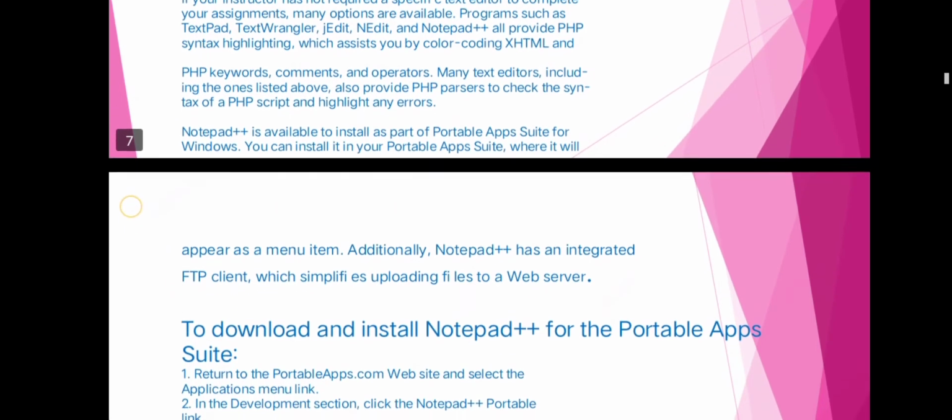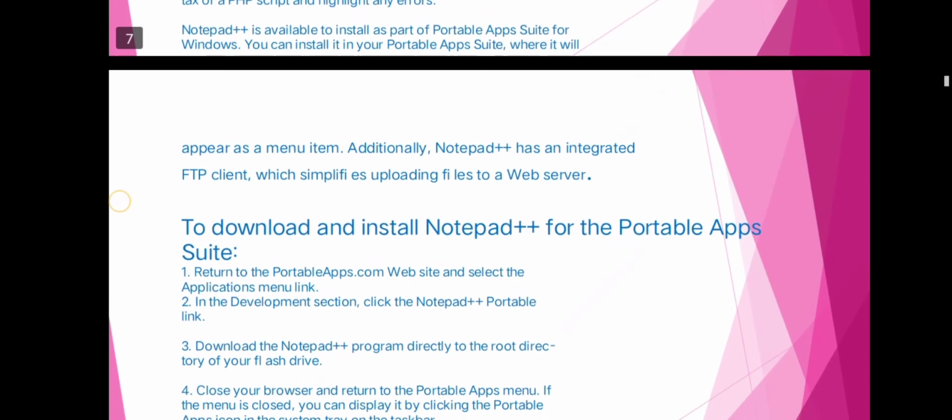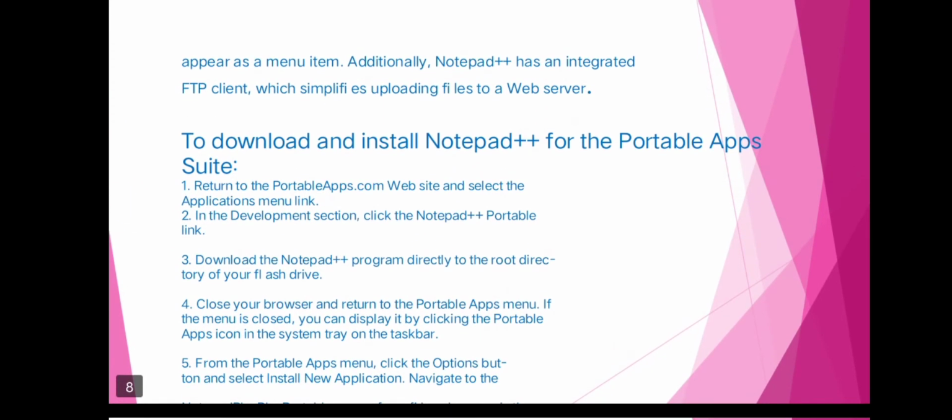You can install it in your Portable Apps Suite where it will appear as a menu item. Additionally, Notepad++ has an integrated FTP client, which simplifies uploading files to a web server.